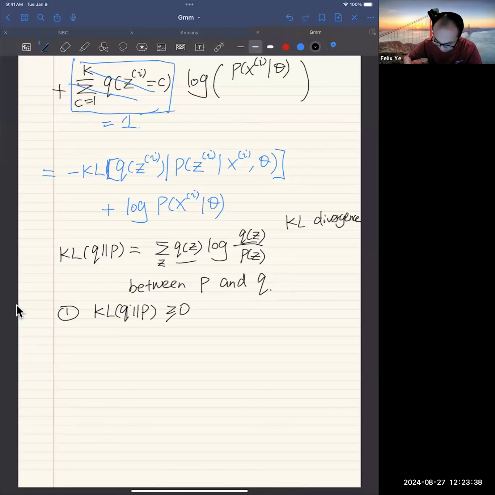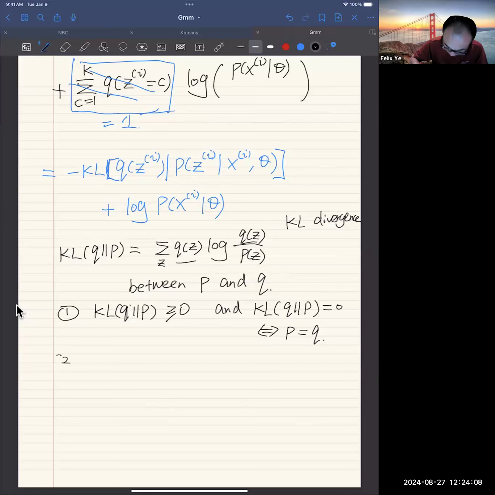And this KL divergence is equal to 0 if and only if P equals Q. Okay, so this is a very important part.